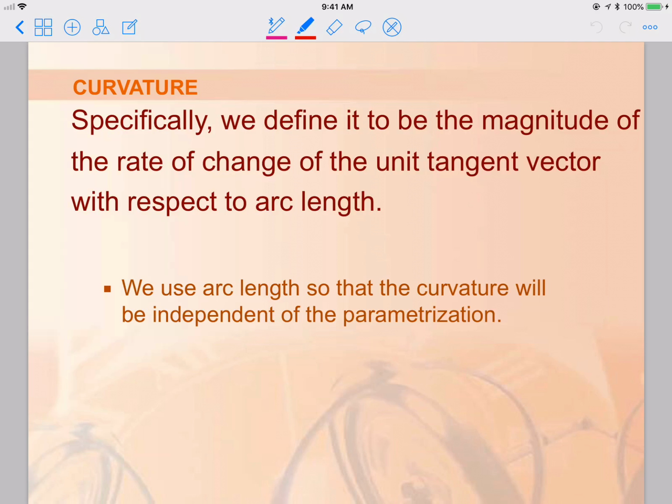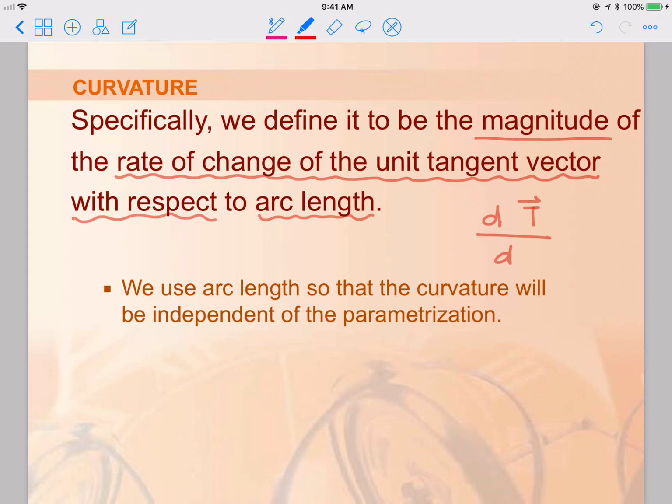Specifically, we define it to be the magnitude of the rate of change of the unit tangent vector with respect to arc length. Remember we talked about arc length last time, right?